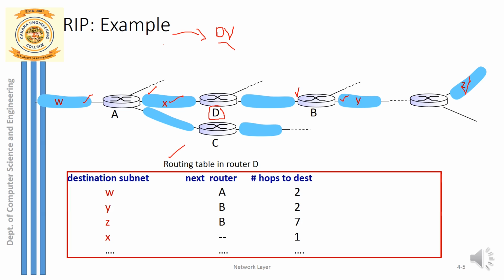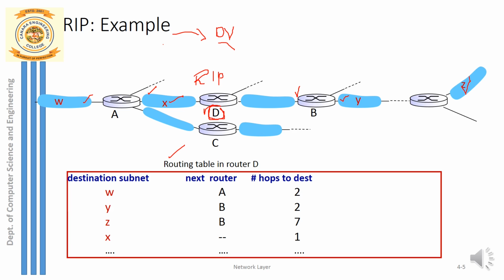Similarly, B and A are the neighboring nodes of router D, and D is getting the shortest path information, or the distance vector, that router A has calculated and also what router B has calculated, and we call this sharing of distance vector as sharing of RIP advertisements. So instead of calling it a distance vector, we call it an advertisement, or RIP advertisement, which the neighboring nodes are sharing with router D.